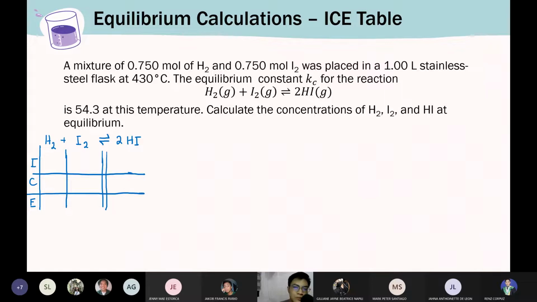So, 0.75 mole divided by 1 liter is 0.75 molar. Maswerte tayo kasi yung ating volume 1 liter lang. So basically, pwede na siya gawing molar. So, I'll plug it na dito.